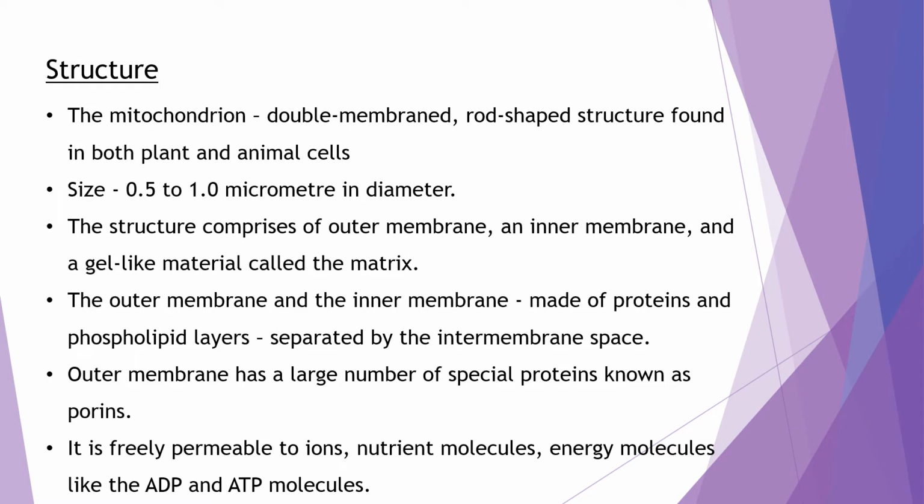And with specific reference to the outer membrane, it will have a large number of special proteins known as the porins, which will make the outer membrane permeable to ions, nutrient molecules, energy molecules, etc. And the most commonly used energy molecules in this regard are adenosine diphosphate and adenosine triphosphate.